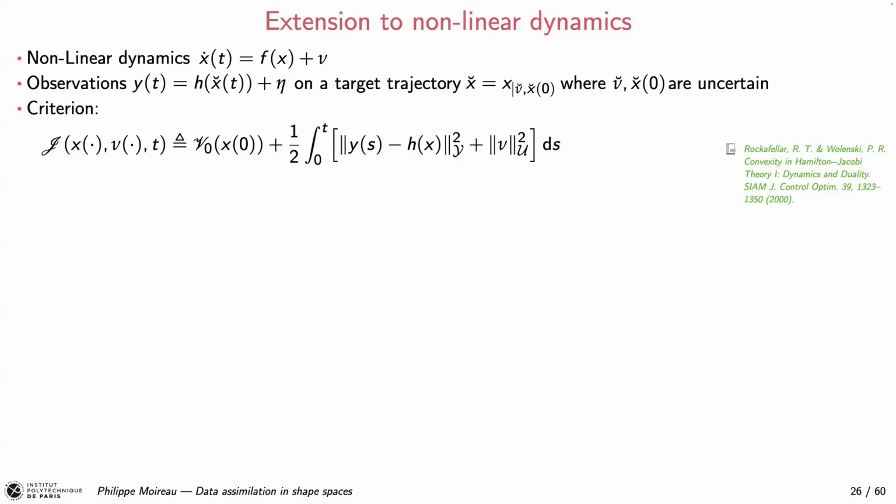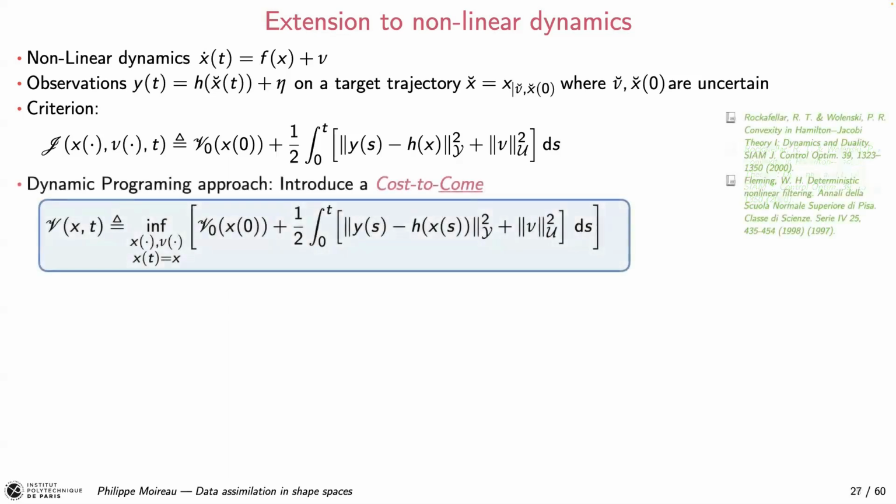dynamic programming approach? To do that, the idea is to define a value function that corresponds to this criterion where you fix the point where you arrive. You decide that the value function at x corresponds to the minimization of this where your solution arrives at x.